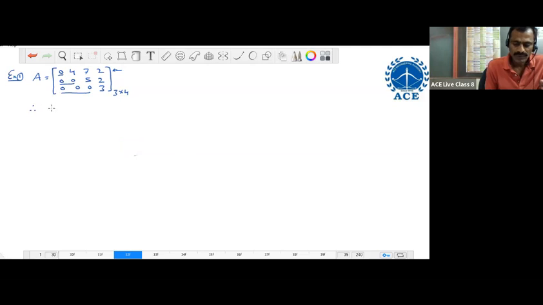Therefore, rank of A 3 by 4 matrix equal to, rank is same as number of non-zero rows. In this echelon form, there are 3 non-zero rows. So its rank is 3. Next, example number 2.